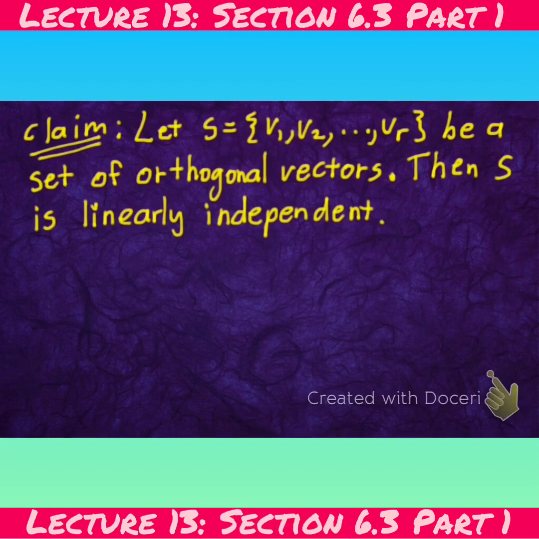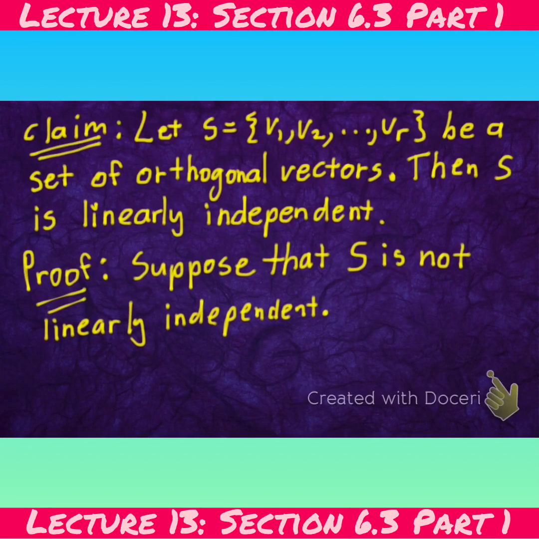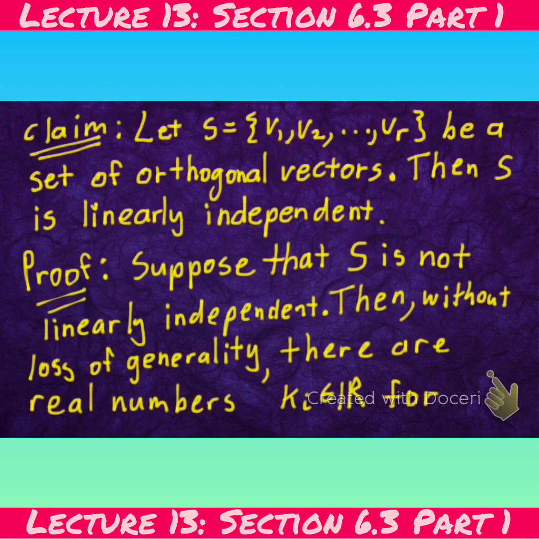We claim that given a set of vectors that are orthogonal, we need to show that the set S is linearly independent. So let's suppose to the contrary that S is not linearly independent. What does that mean? It means that we can express one vector as a linear combination of all the other vectors.